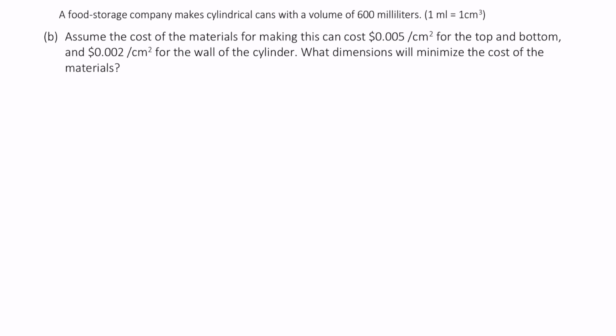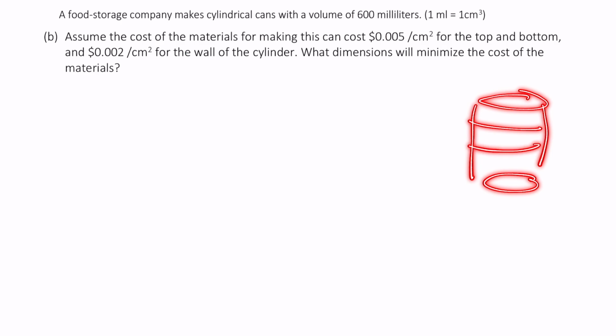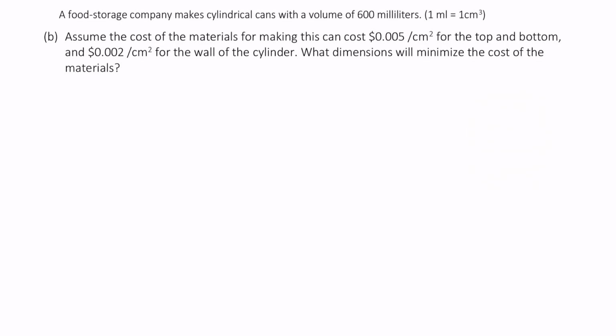So we are still dealing with the same food storage company that makes cylindrical cans with a volume of 600 milliliters, so that's 600 cubic centimeters. And before, we were assuming the cost of the top and bottom of the cylinder as well as the side of the cylinder was the same. We're not assuming that anymore.